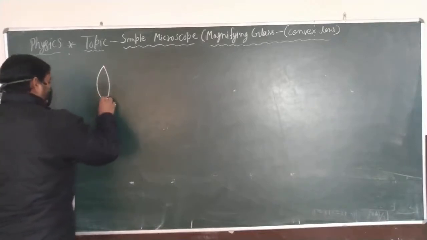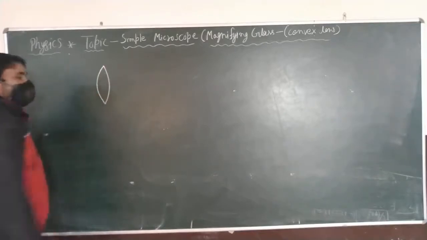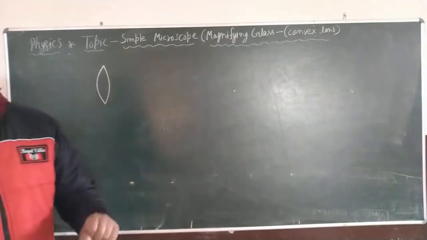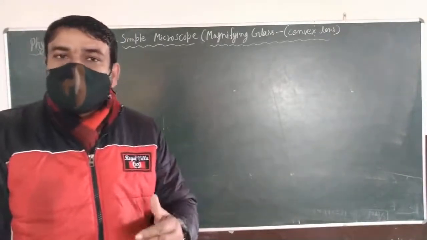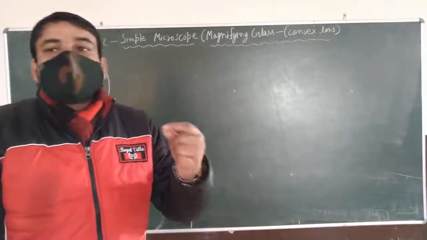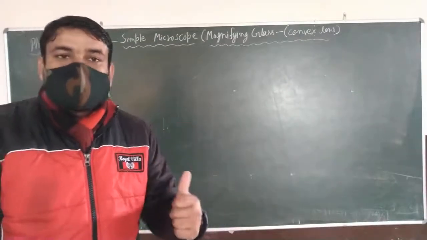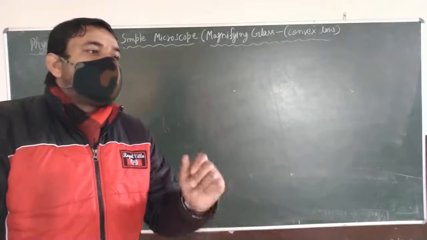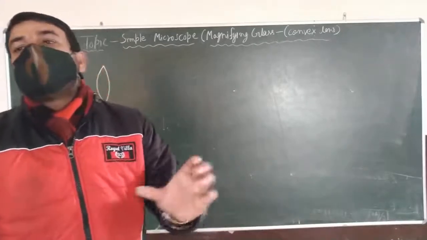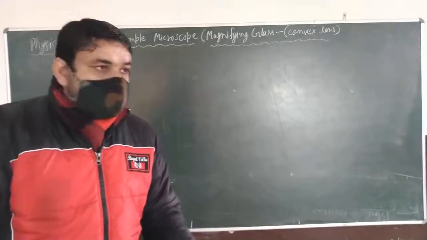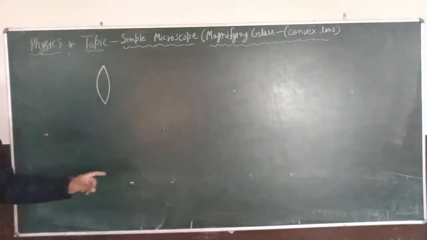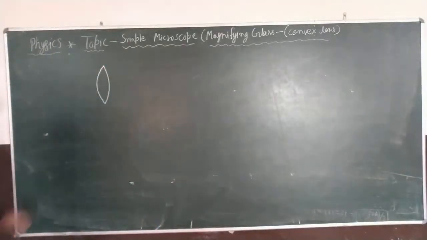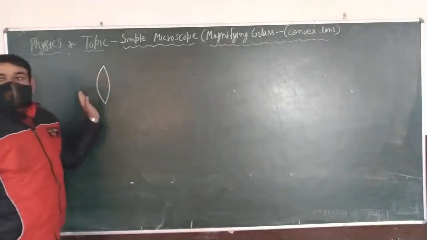Why is this lens used? Because when the object is placed in between the optical center and the focus, it will form an erect and large image. Because of this, a convex lens is used to magnify things placed in front of it.